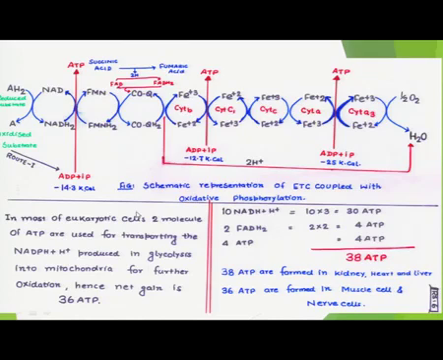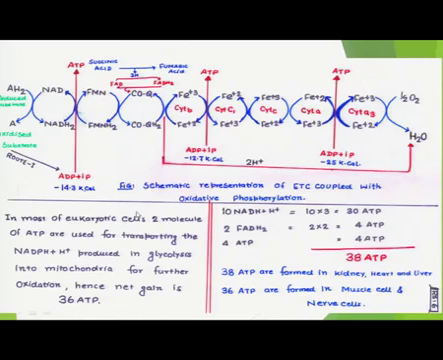Now, this is route 2. In route 2, FADH2 is formed. The FAD, which I have already discussed here, in the Krebs cycle, when succinic acid is converted into fumaric acid, these two hydrogen atoms are released. These two hydrogen atoms combine with FAD and form FADH2.